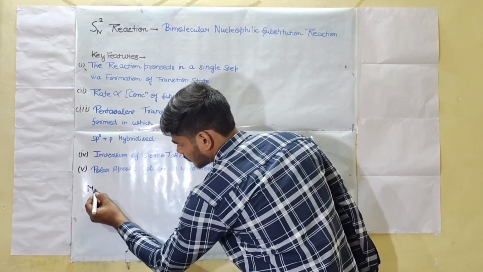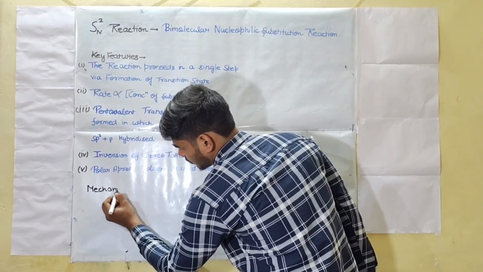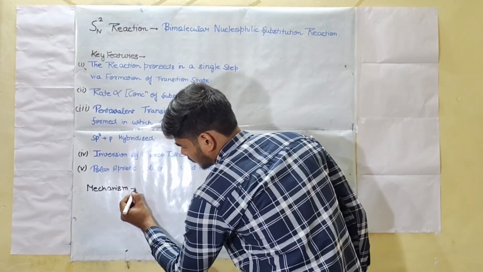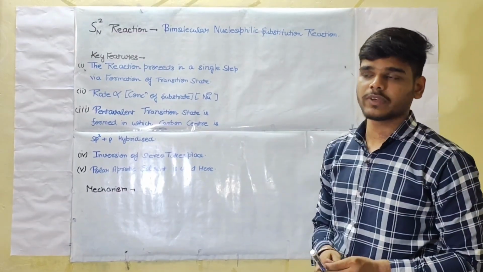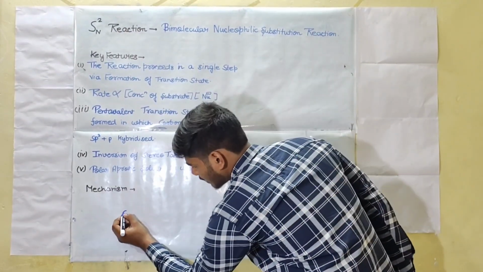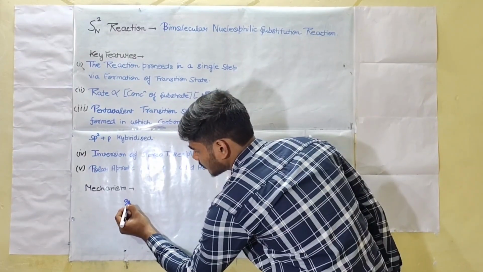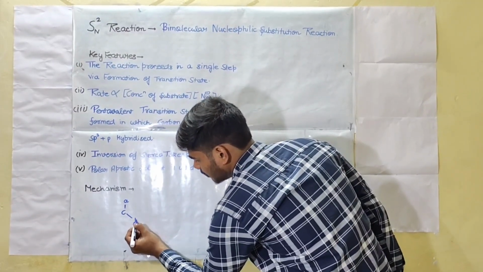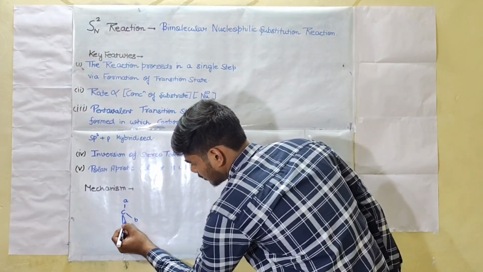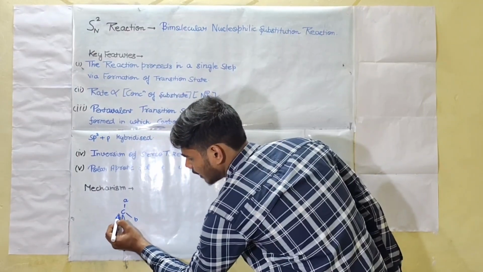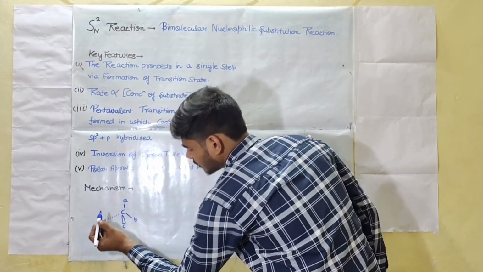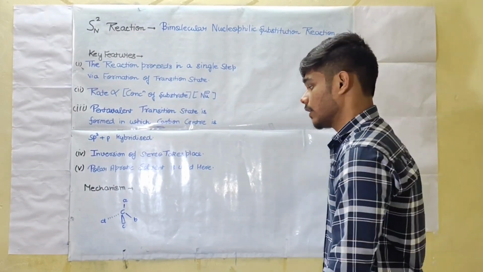If we go through the mechanism, consider a tetravalent carbon which has substituents A, B, C at base position and D at the dash position.